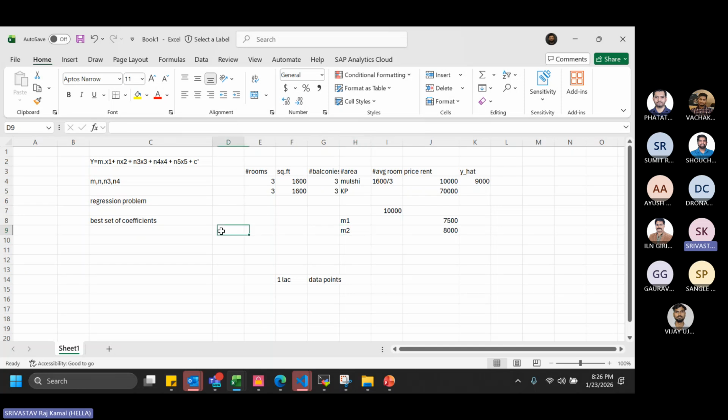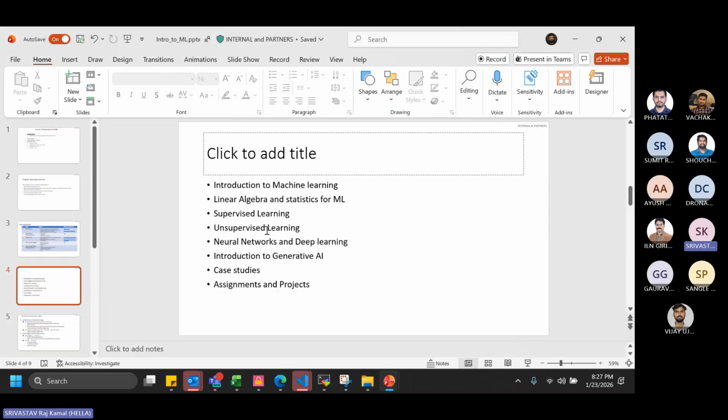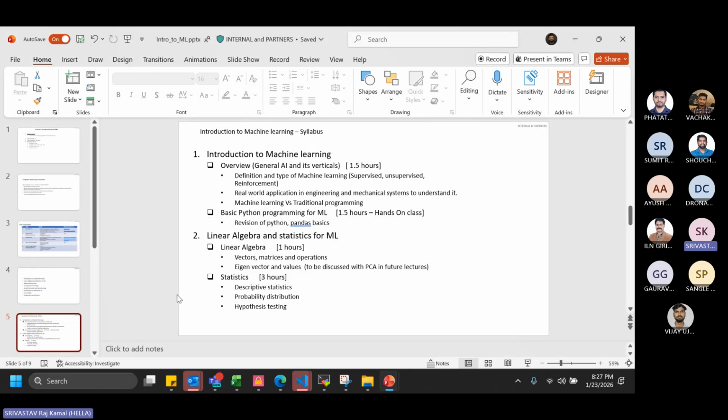There are many problems which could not be solved by regression, so I will never use regression there. Regression is never able to solve a problem where you decide class A, class B. For example, a rainy day or a sunny day. Regression will not solve this problem. You need some different kind of algorithms. This we're going to see in the future. If you remember, the thing I showed you here, supervised, unsupervised, we're going to see into that.